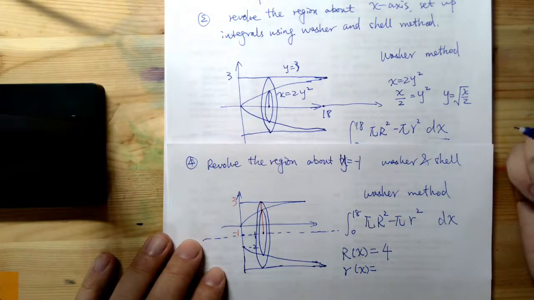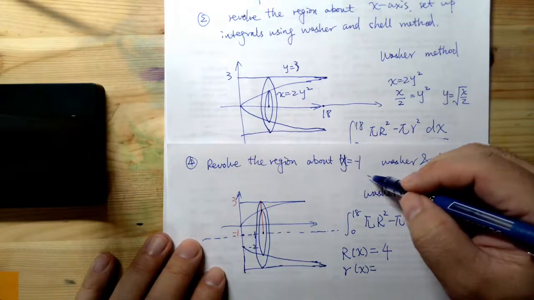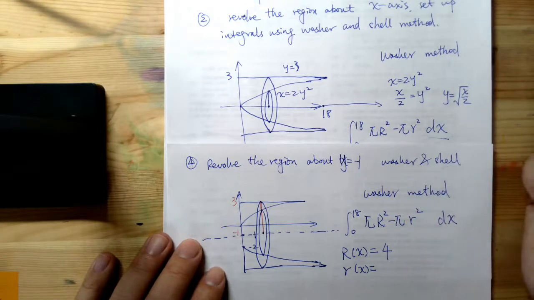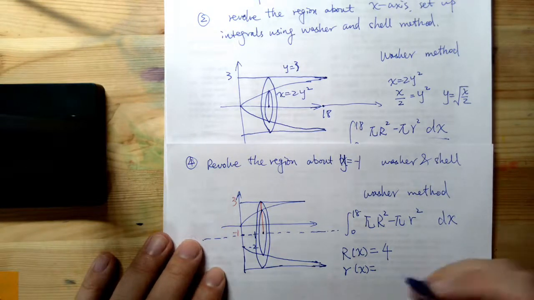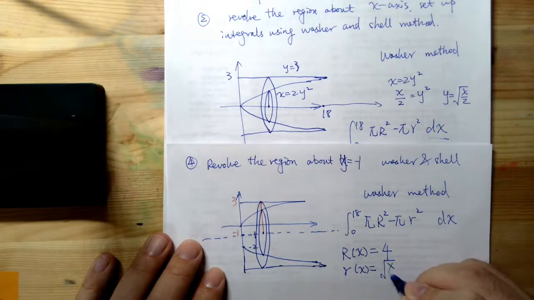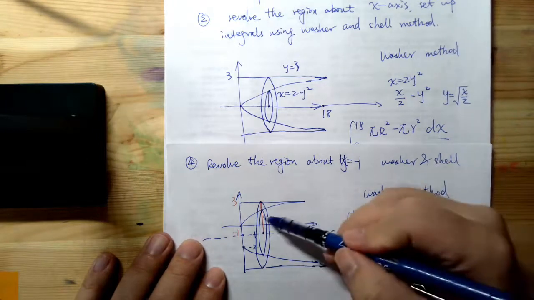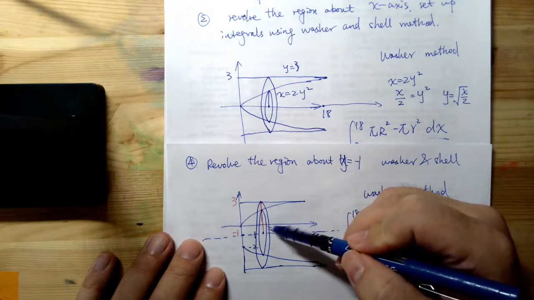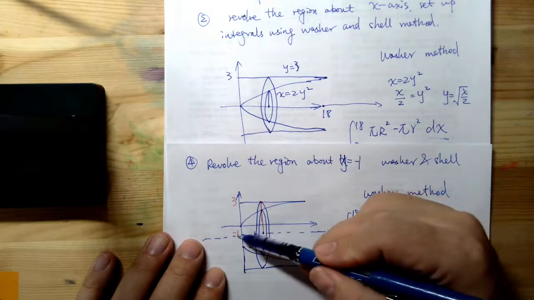And if it's revolved about y equals -1 here, the corresponding radius is going to be square root of x over 2, which is just this part, and minus -1, right?